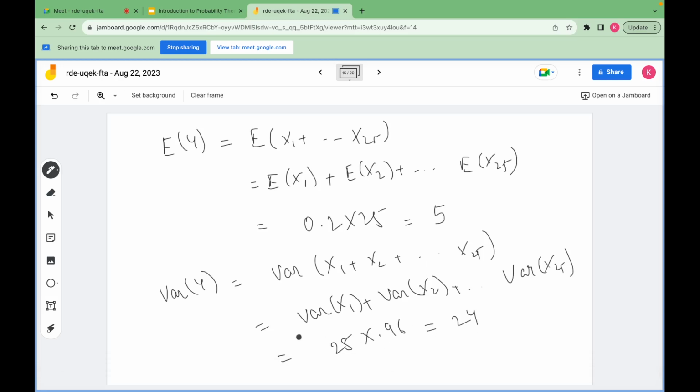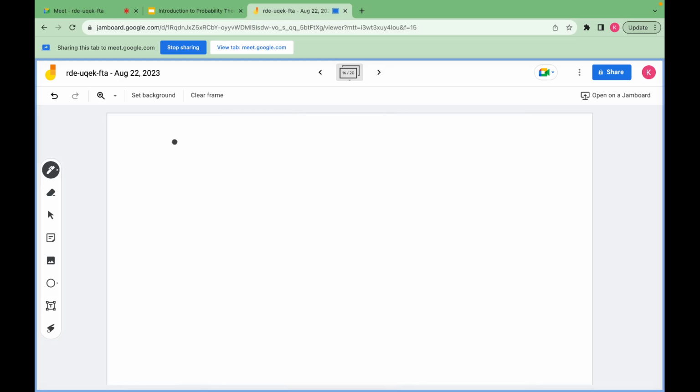So the variance of y is 24, so sigma of y is root over variance of y, which is root 24. We can write it as 2 root 6.